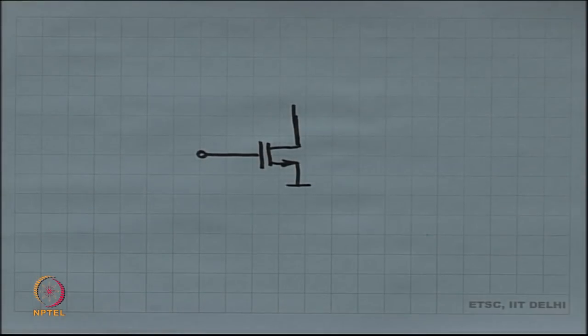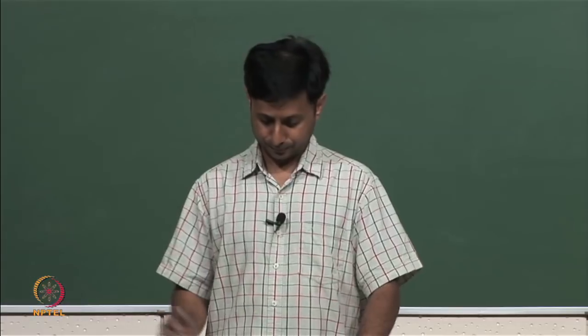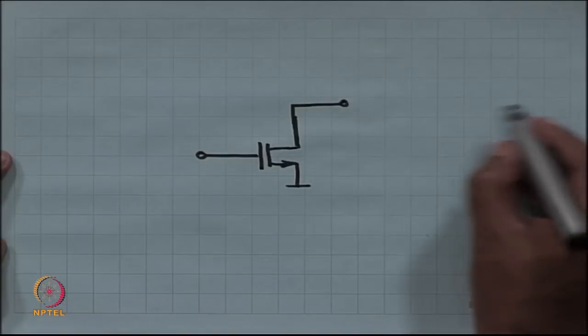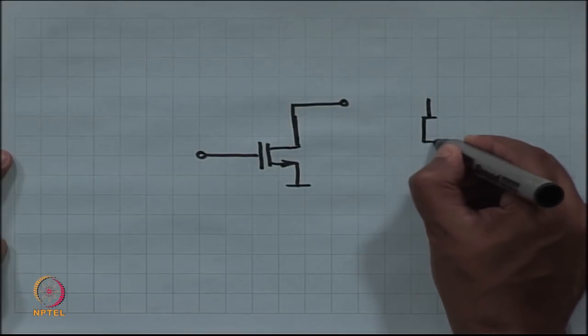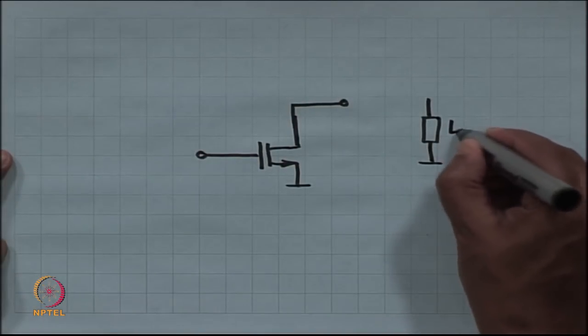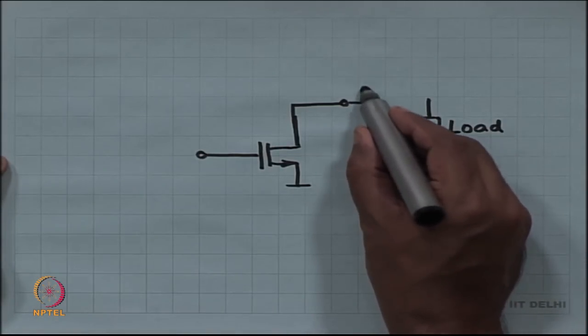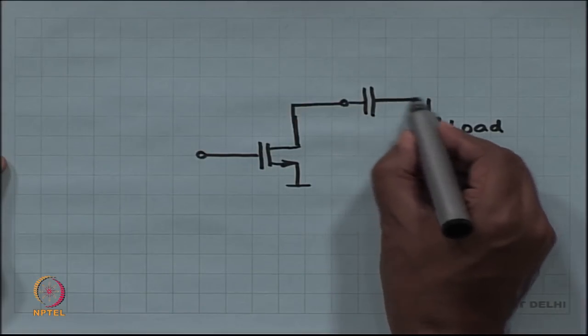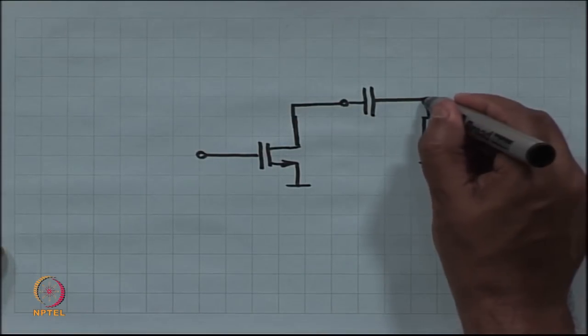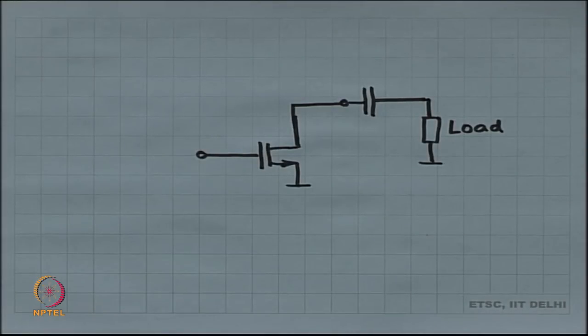Now, you need a load. The load is my external load. I do not want to impose the DC bias conditions on the load. The load should only take signal power, and for that normally what we do is we put a huge coupling capacitor, or a decoupling capacitor over there.